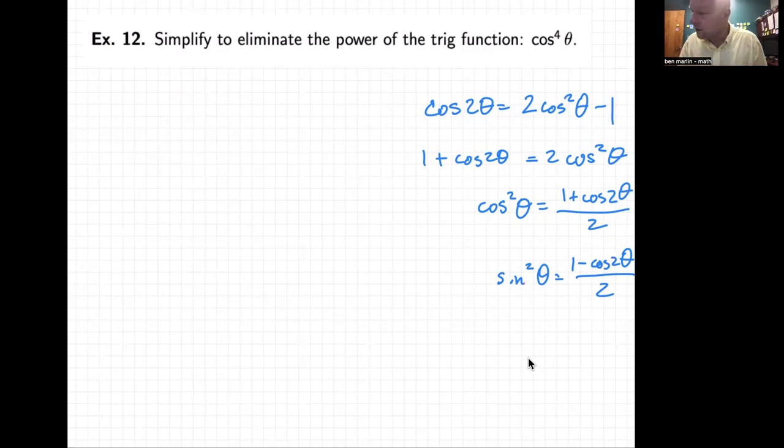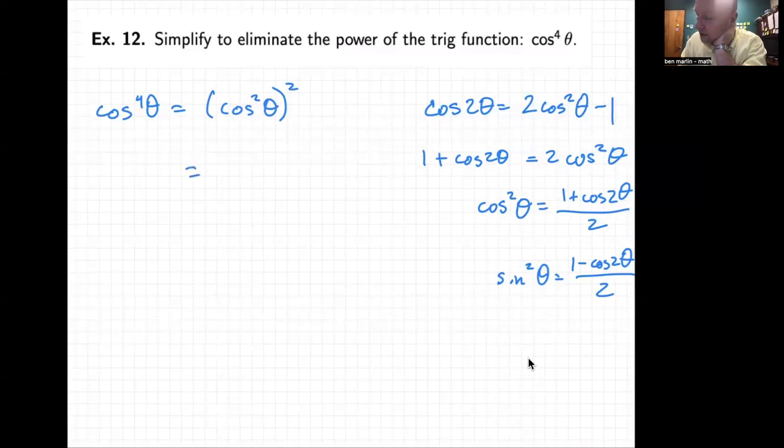But if you know that cosine squared theta is equal to that, then cosine to the 4th theta, which is cosine squared theta squared, is really 1 plus cosine 2 theta over 2, the quantity squared.